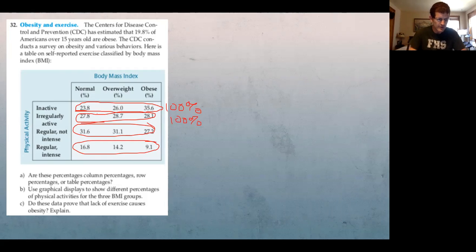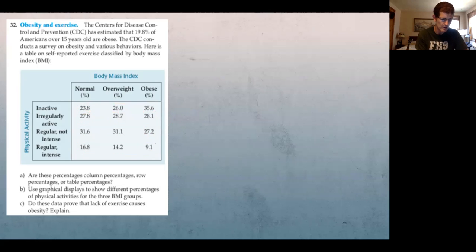Now, I think it's pretty quick to see that this bottom row does not add up to 100%. So the condition that we're holding here is not physical activity. The condition appears to be your BMI. Because if I add these up, I do get 100%, and hopefully just a quick visual check, you'll agree with that.